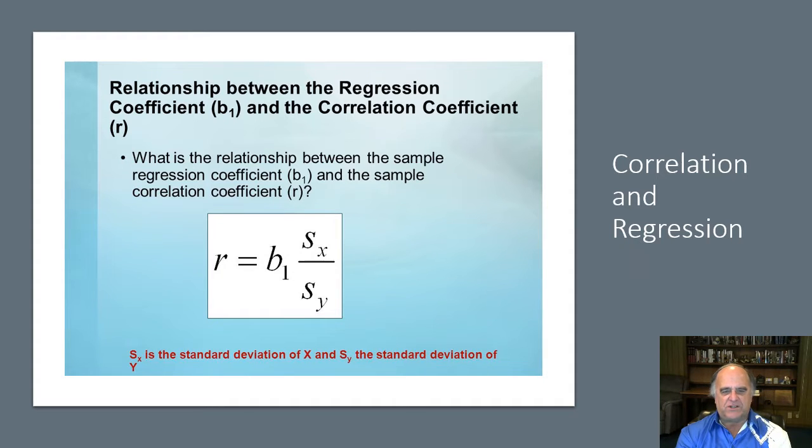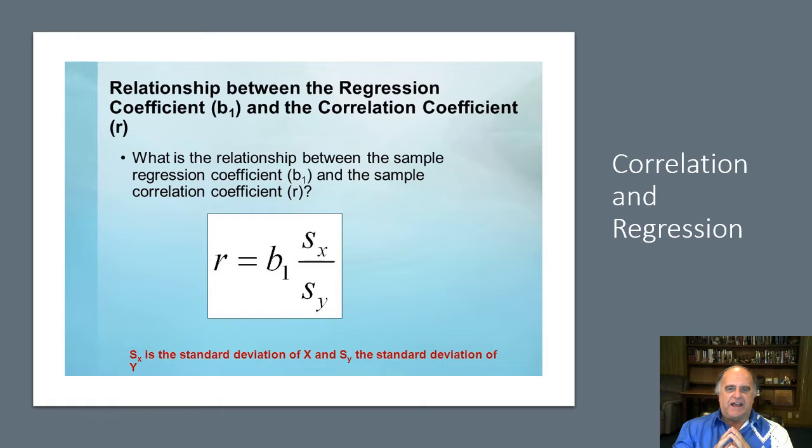R is equal to the simple regression coefficient times the standard deviation of x divided by the standard deviation of y. It's also true that if we use the standardized regression coefficient, what we often call big B or beta, then R will equal big B or beta.